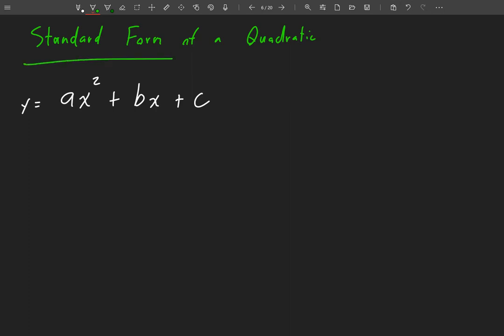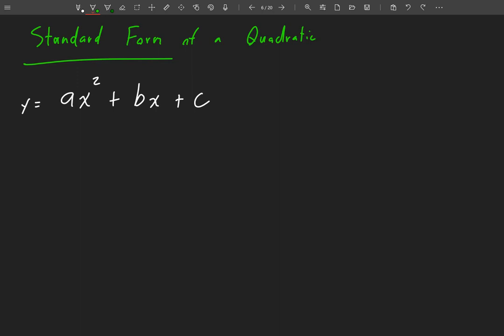All that means is it's got a number times x squared plus a number times x plus a number. Now, this number here might be 0, so it might just be the first two terms, or the first and last. But the point is, there are no parentheses anywhere to be seen, right? It's just all multiplied out and simplified. This is the standard form.